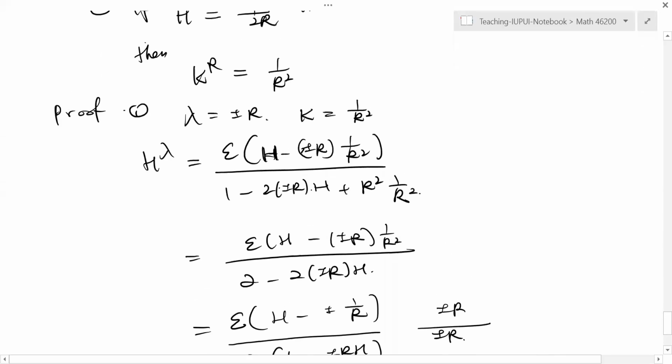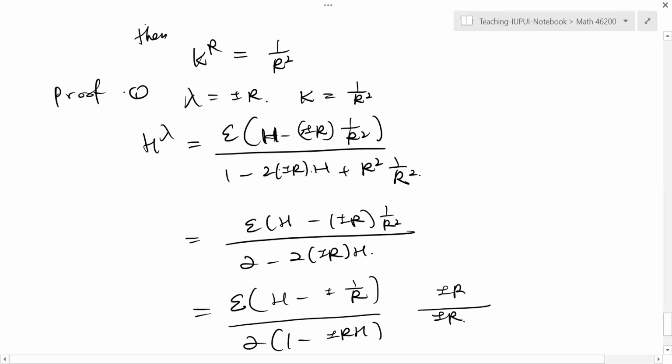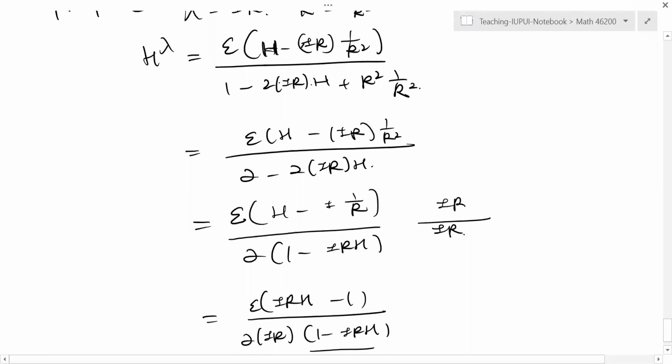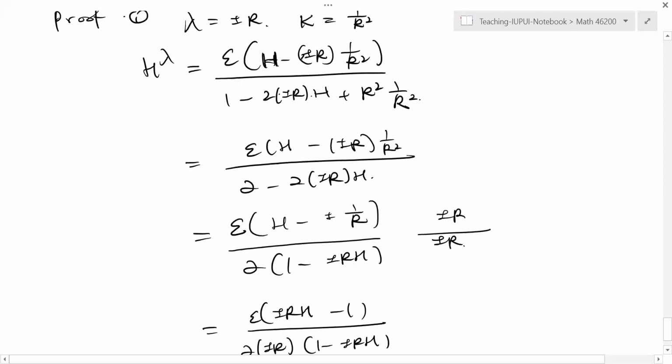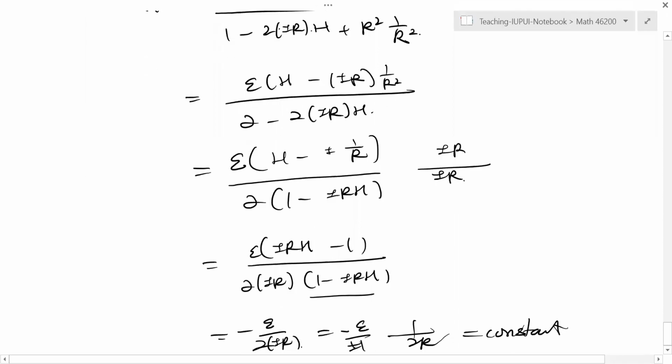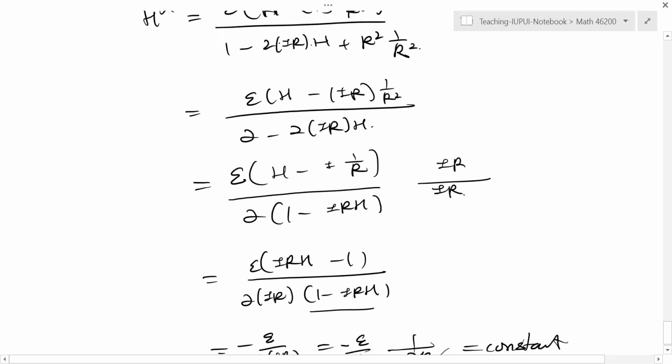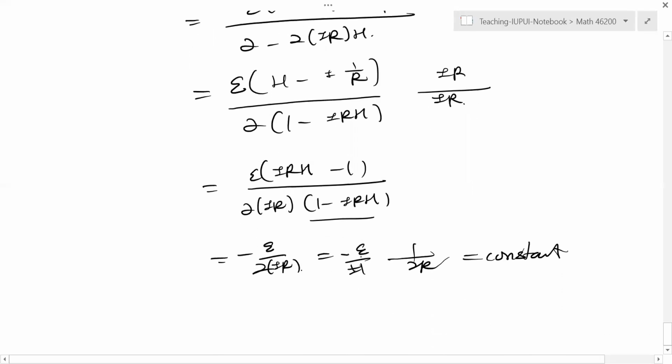If we choose lambda to be, anyway, in either direction, I think I could modify this with minus epsilon plus minus 1.